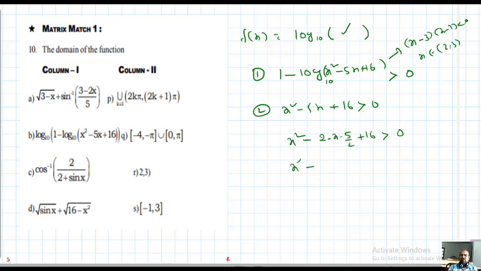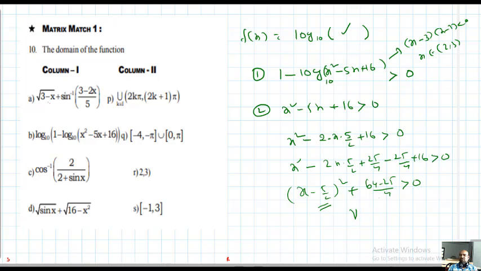We want b square, which means 25 by 4 added and 25 by 4 subtracted, plus 16 greater than 0. So x minus 5 by 2 whole square plus, because you need to simplify this, 64 minus 25 by 4, greater than 0. This is non-negative and this is positive, always greater than 0, so x belongs to all real numbers.